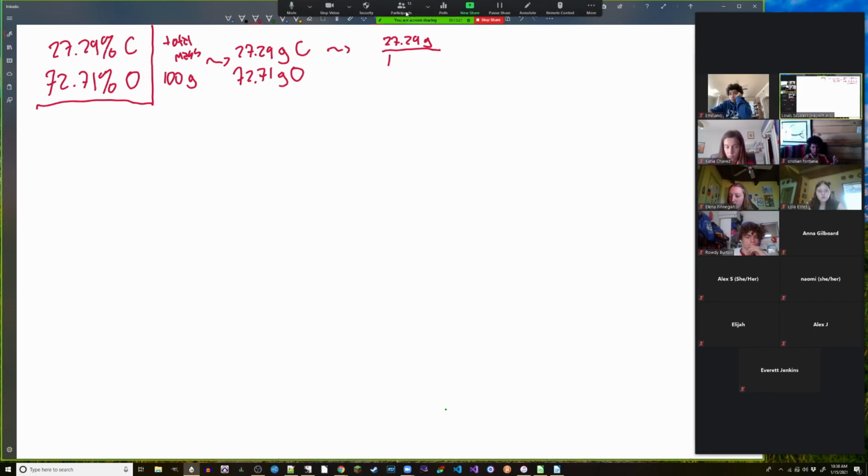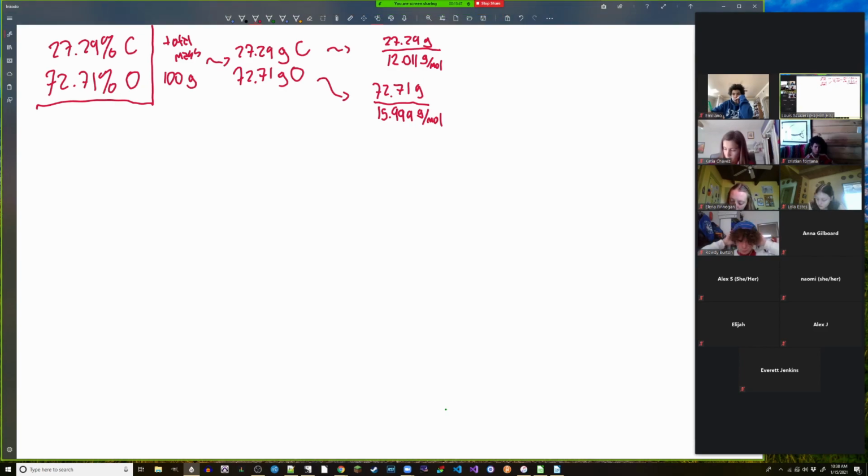For carbon, I remember because I've done it so many times, it's 12.011 grams per mole. And for oxygen, we take our 72.71 grams and divide by oxygen's molar mass, which is 15.999 grams per mole.